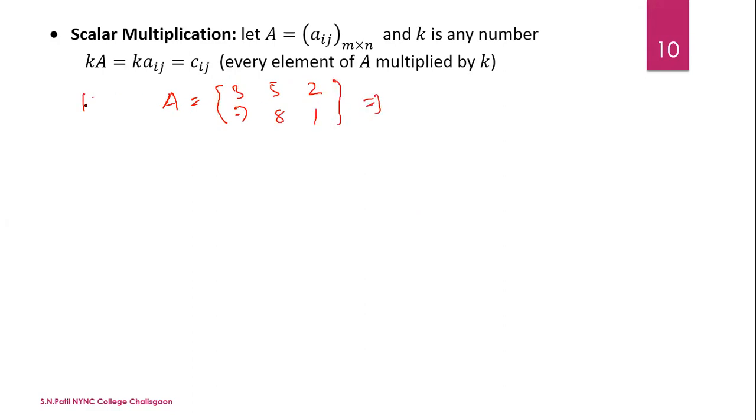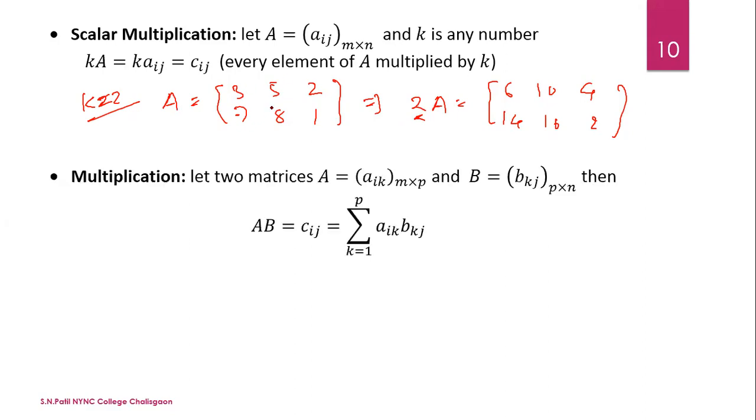Suppose k is equal to 2. Then 2 times A is equal to 2 multiplied to every number, that is 2 into 3 is 6, 10, 14, 16, 4 and 2. The scalar k is multiplied to every element of the matrix A.